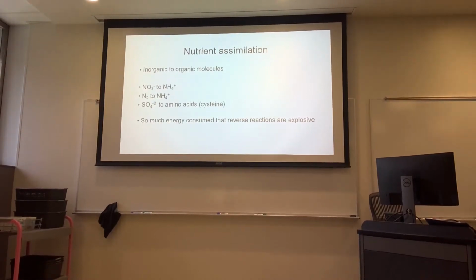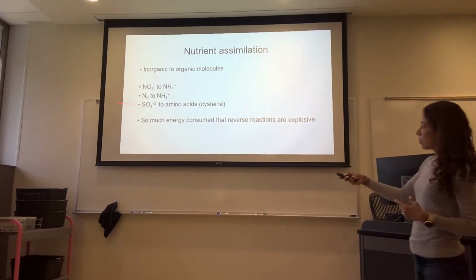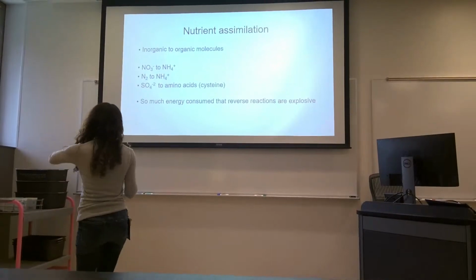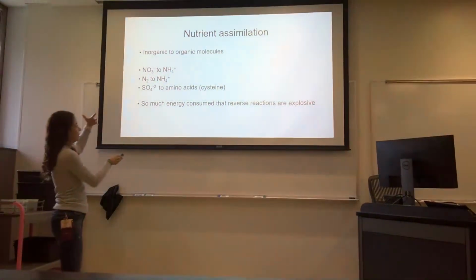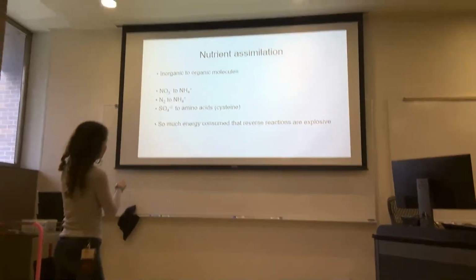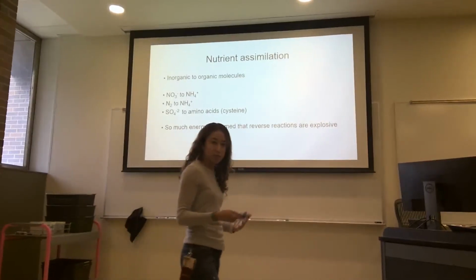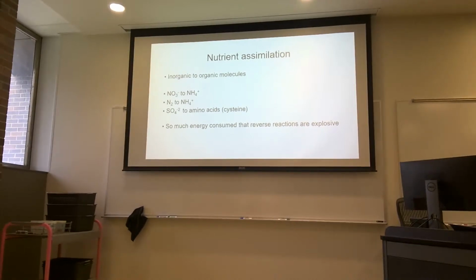So when we're talking about nutrient assimilation in plants, and we're not going to talk about sulfur, just nitrogen, when you're trying to convert these inorganic molecules into organic molecules, call it amino acids, proteins, all of these compounds, then you are consuming energy in that process, right? You're making more complex molecules.